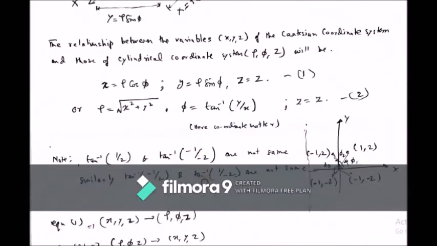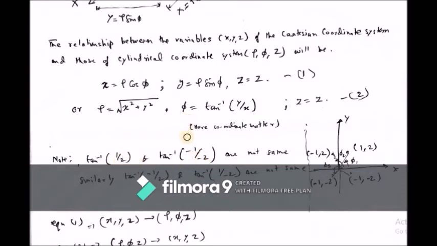Now, since phi is tan inverse of y upon x, I must be cautious about the values of y and x, meaning the signs of y and x, because tan inverse of 1 upon 2 is not the same as tan inverse of minus 1 upon minus 2.